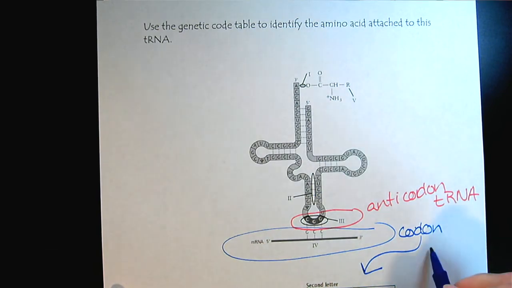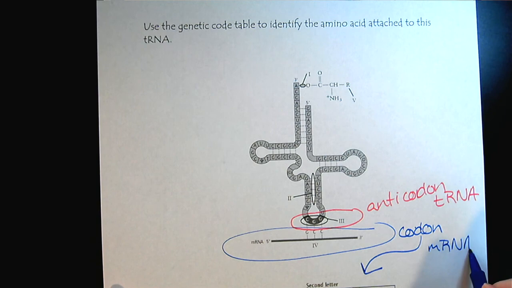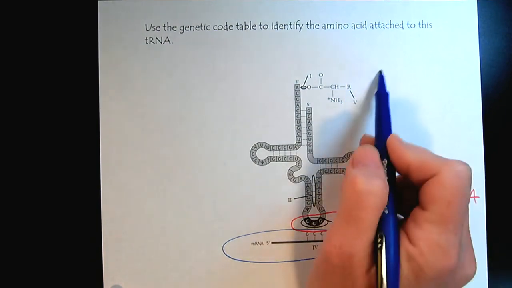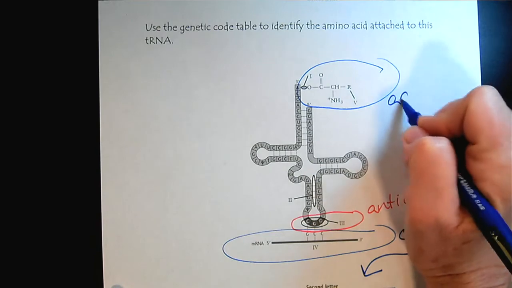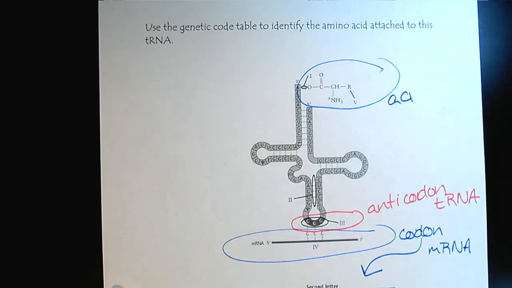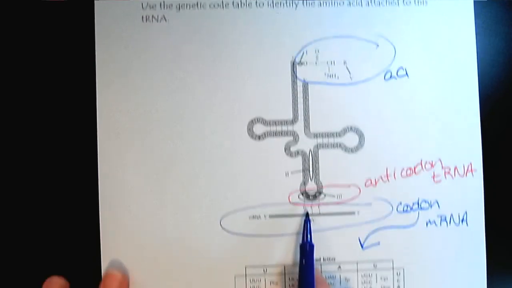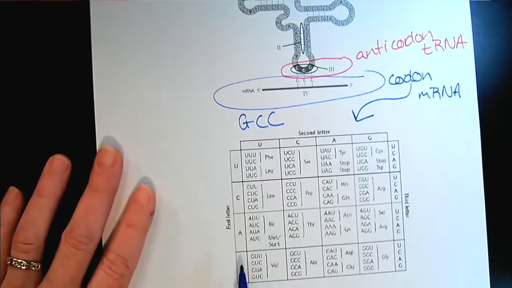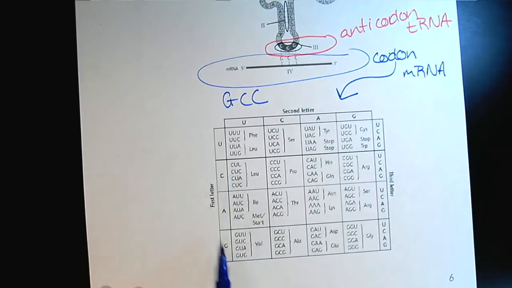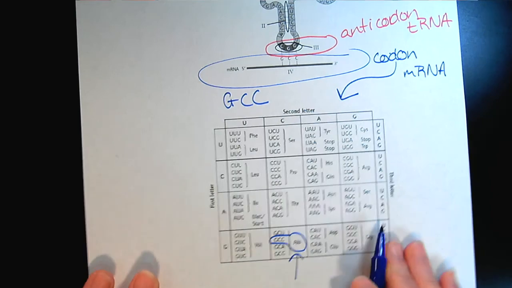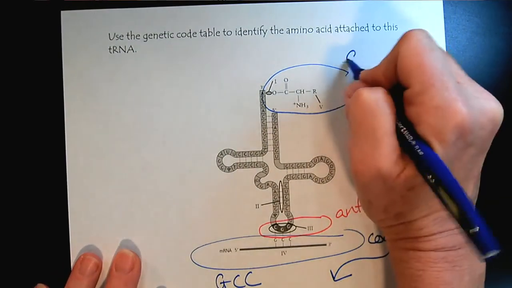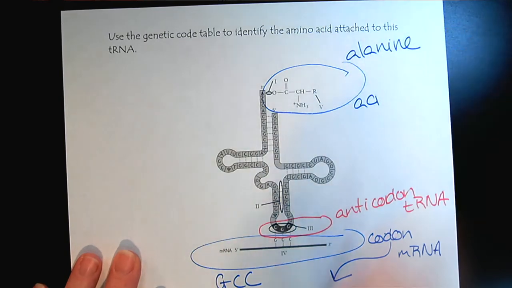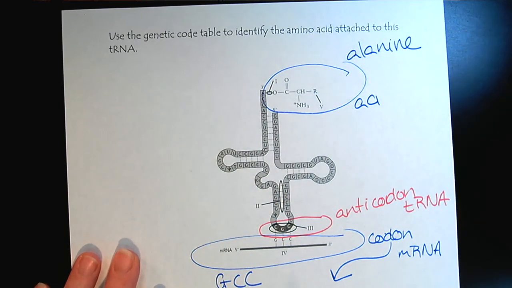The codon's always the messenger RNA. And then notice, right, this codon links to this amino acid. So the question is, what amino acid is it? Where do we look? We look at the codon. So we would look at GCC. All right, so we look at our table and we go G and C. So if we look GCC, there it is, voila, right? So alanine.